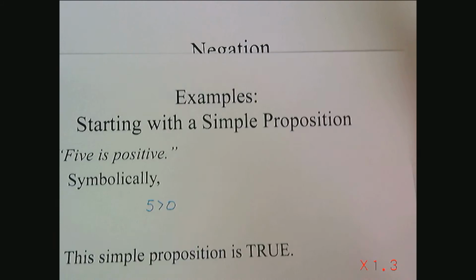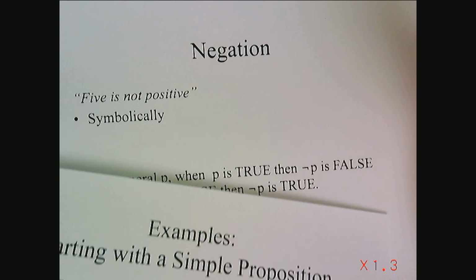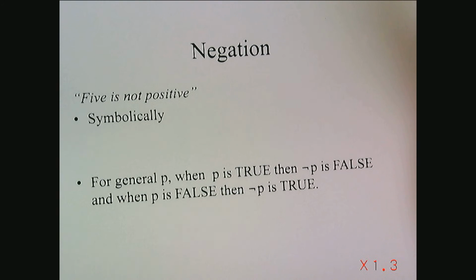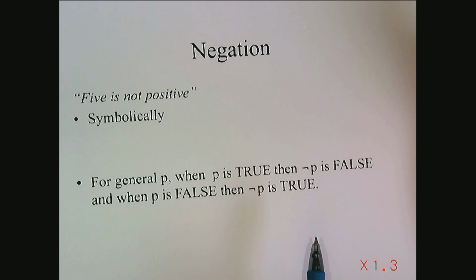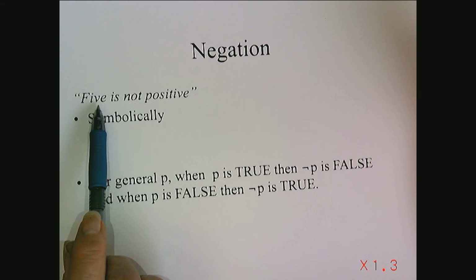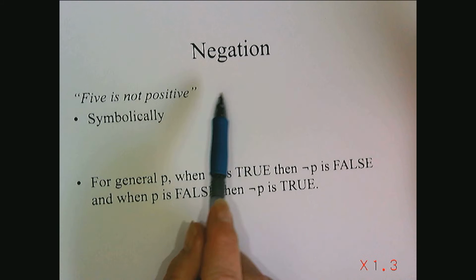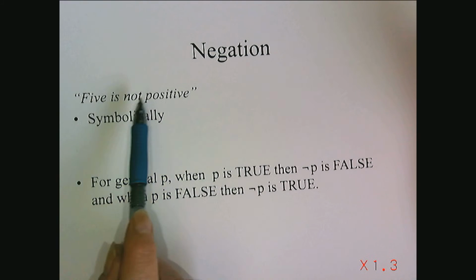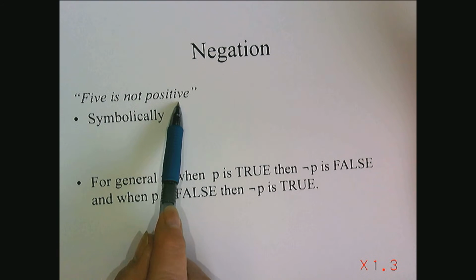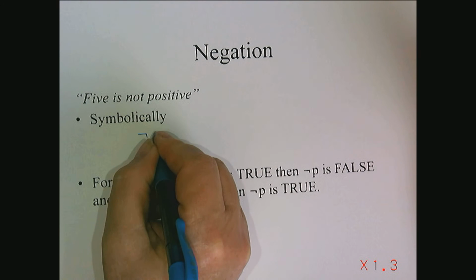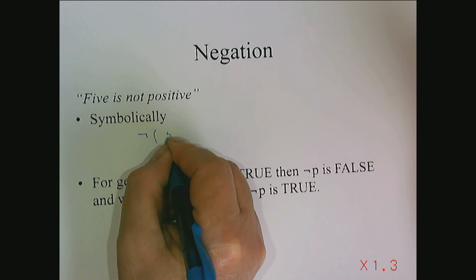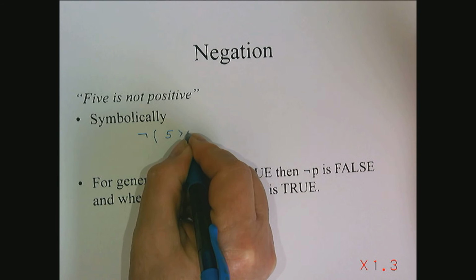So now let's investigate some of the Boolean operators. We first looked at negation, not. An example using our simple predicate of negation applied to it is 5 is not positive. We could write that symbolically as it is not the case that 5 is greater than 0.